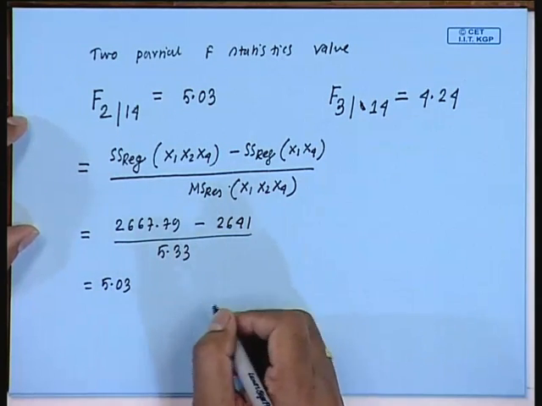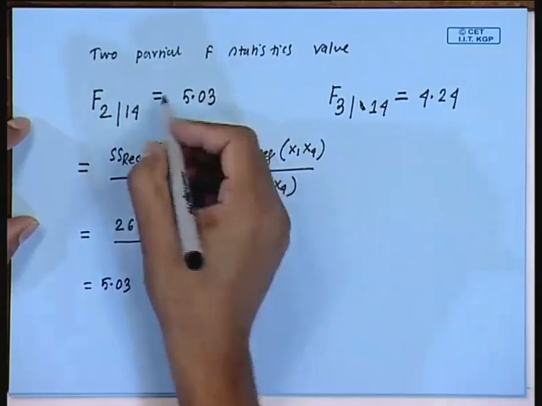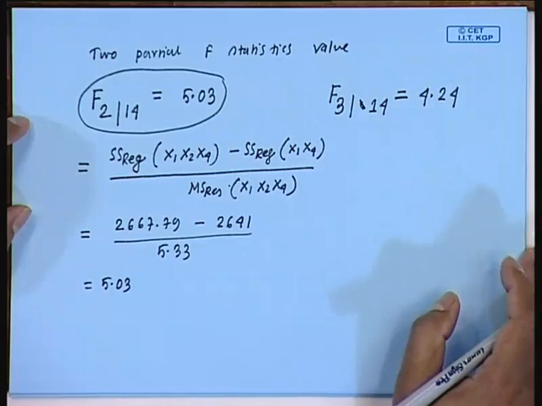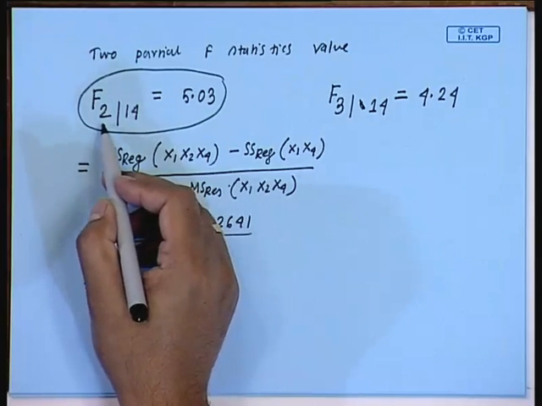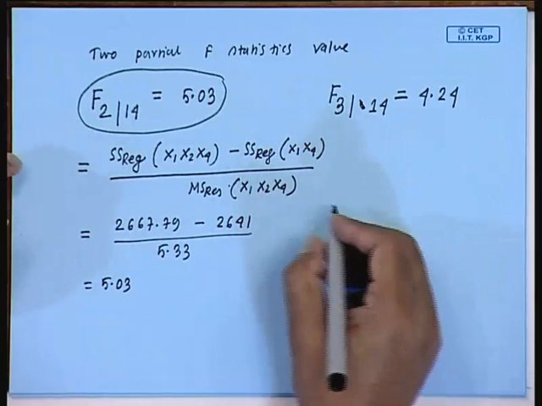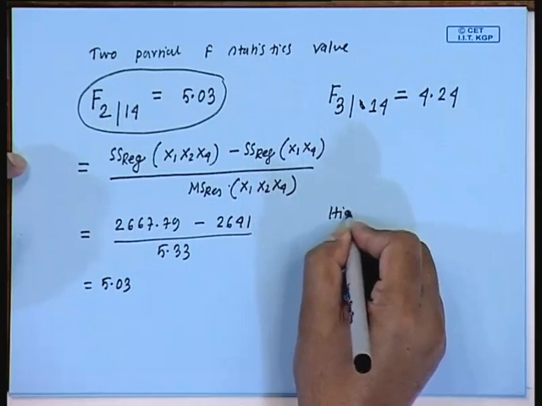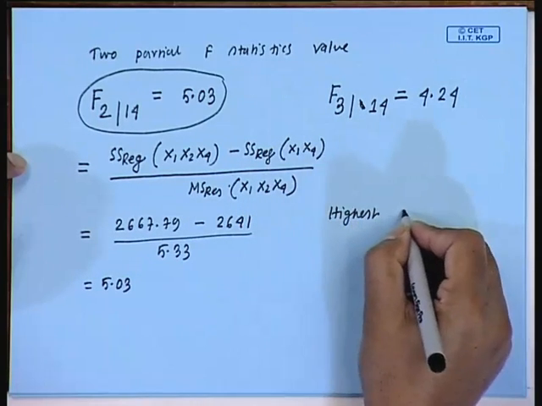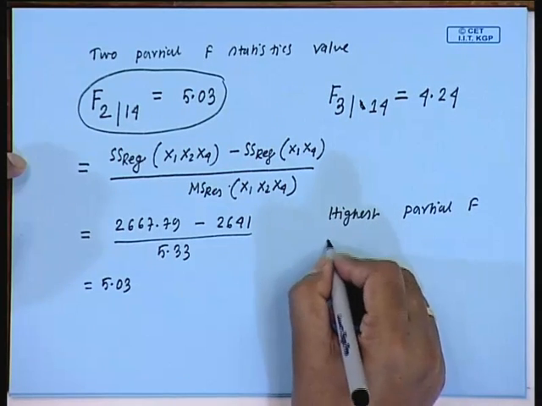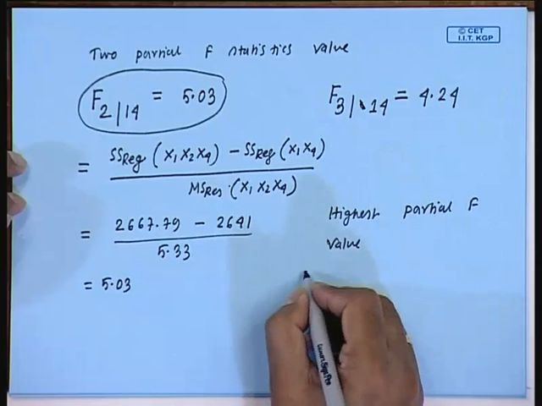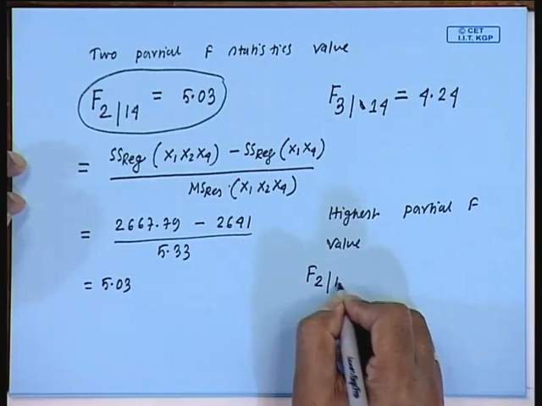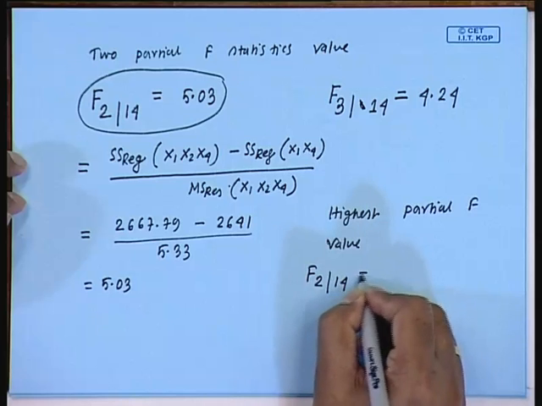So, the highest partial F value is F2 in the presence of x1 and x4 in the model, which is equal to 5.03. Whether next x2 will be included in the model depends on the tabulated value of F or the threshold value.